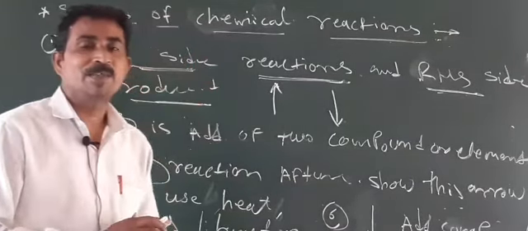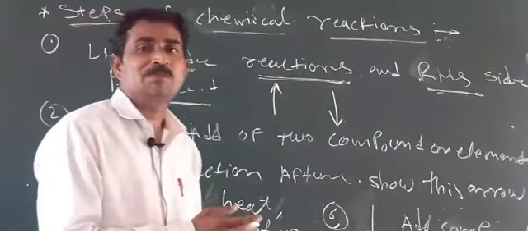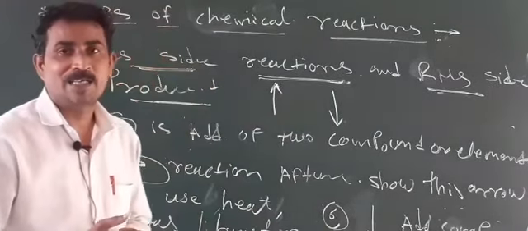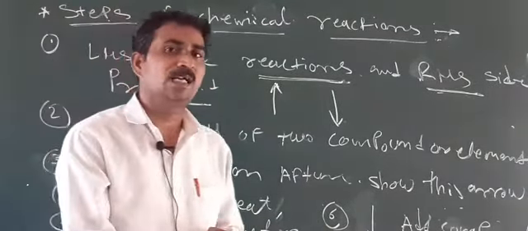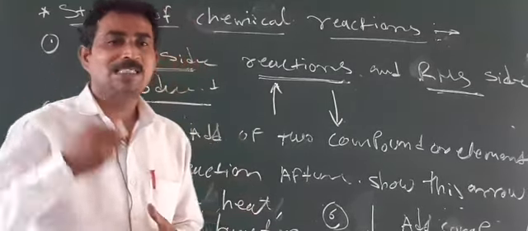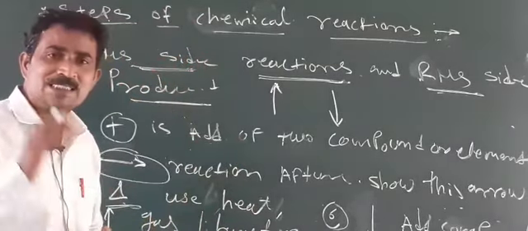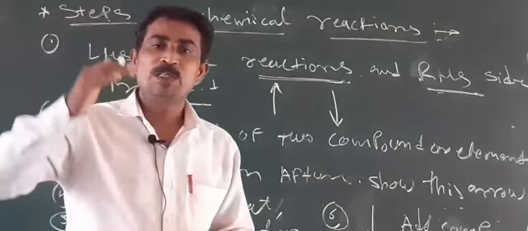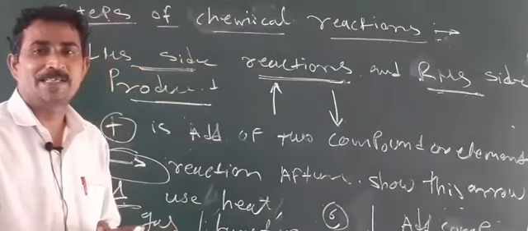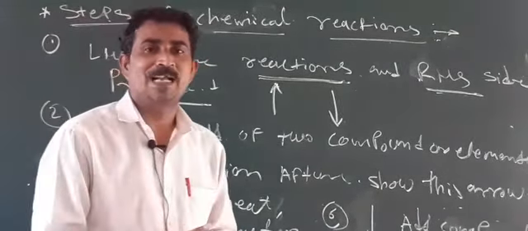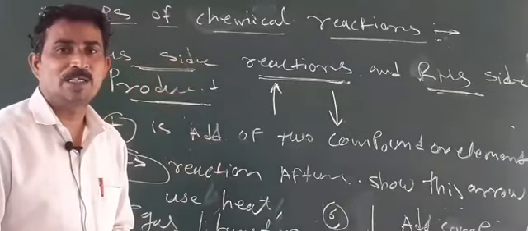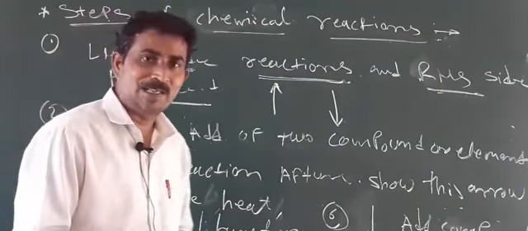Then we learned that two things are important in a chemical reaction, reactants and product. Last, we completed the steps to follow when writing a chemical reaction.